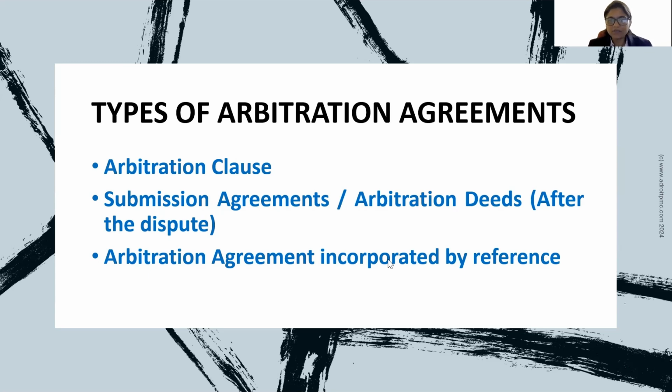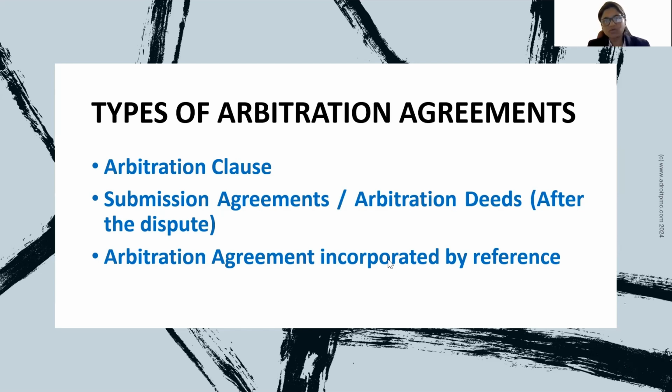Consider that you have executed a contract, and after a certain period of time, you're making another contract or some amendment to the contract. So that amendment or the superseding agreement does not have a dispute resolution clause.